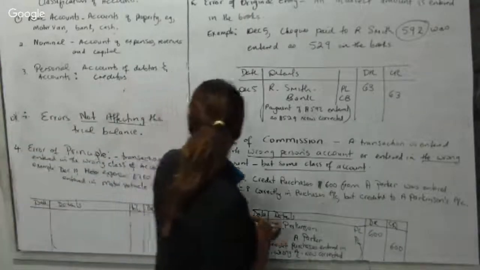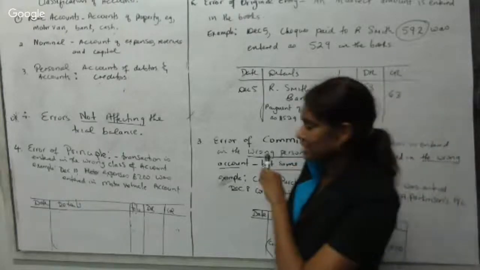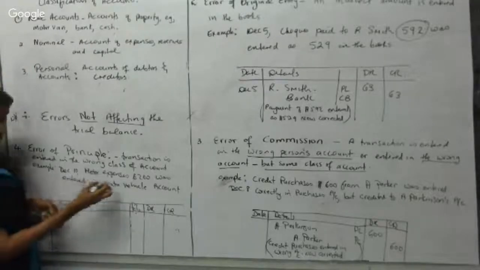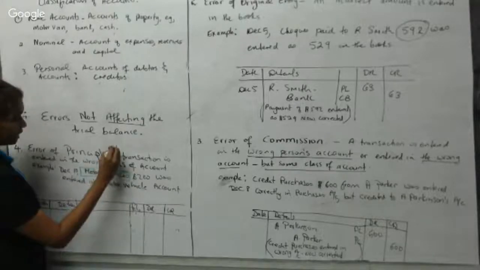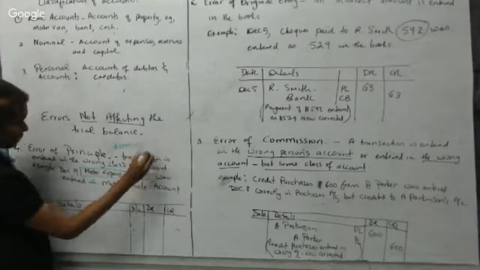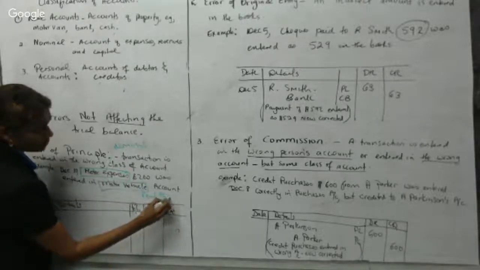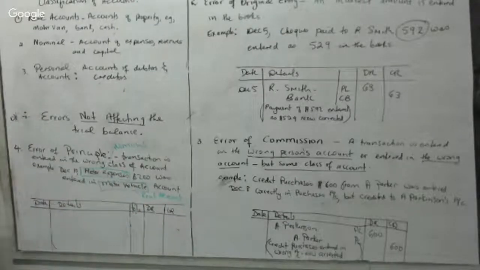For some persons who don't know the double entry very well, they really can't see a difference between these things. Motor expense here is a nominal account, and motor vehicle is a real account. So we have entered the transaction, correct amount used, but it was entered in the wrong class of account.